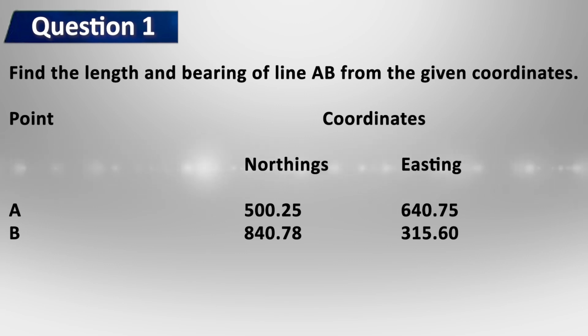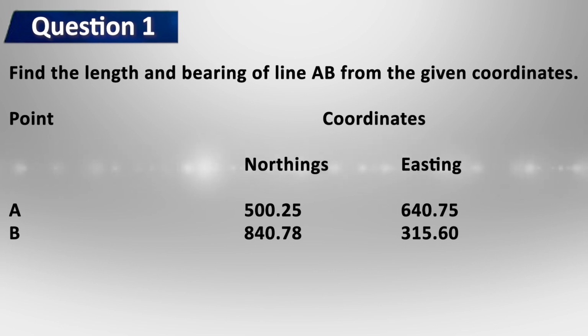The coordinates of two points A and B are given, as you can see in the table. It is similar to x and y coordinates, but since we are locating points, northing and easting make more sense, so we consider coordinates in north, south, east, west.